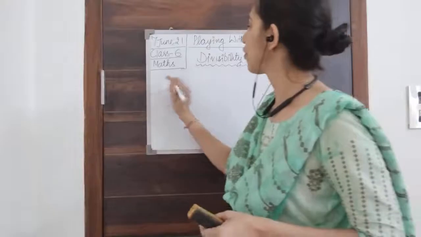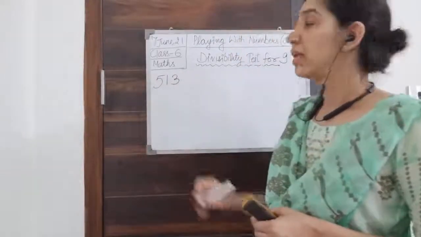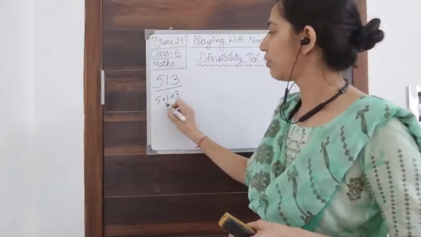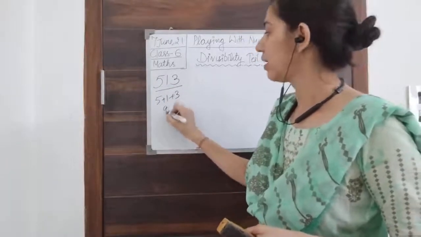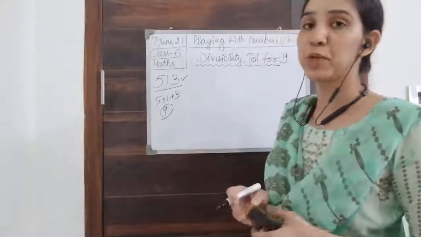Suppose we have 513. ठीक है, sum of digits is 5 plus 1 plus 3, 5 plus 1 is 6, plus 3 is 9. 9 is divisible by 9. It means 513 is divisible by 9.